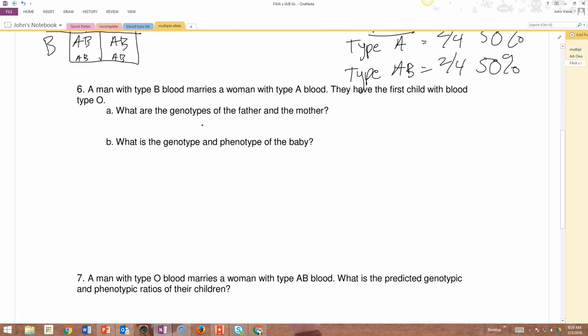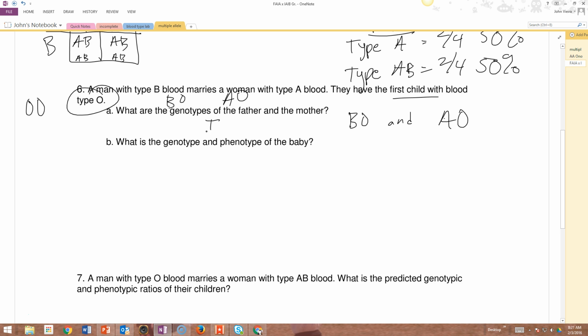A man with type B blood marries a woman with type A. Their firstborn child has O. Because the only way to be O is with 2 O's, you know that each person has to have an O. So obviously, if you're type B, you have to be BO, and type A, you have to be AO. So the genotypes of the father and mother are BO and AO.